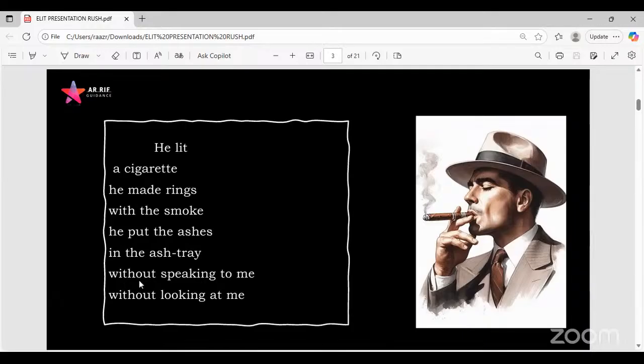So by avoiding it, he is rejecting the speaker emotionally, right? So the speaker is completely ignored, guys, reduced almost to an invisible object in the room. So this shows deep neglect and emotional cruelty, no? Even though he does nothing openly violent.